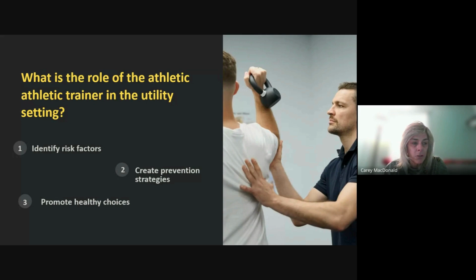Creating those prevention strategies, those include the job coaching, the ergonomic principles, as well as the stretching, flexibility, and conditioning programs to address any type of imbalances that the employee might have. And then again, promoting those healthy choices that allow for proper rest and recovery, overall wellness, and that total worker health principles that we strive for.